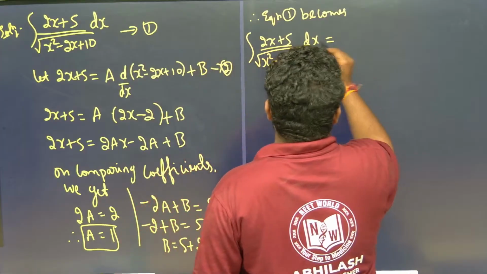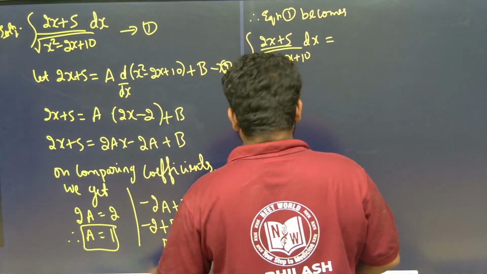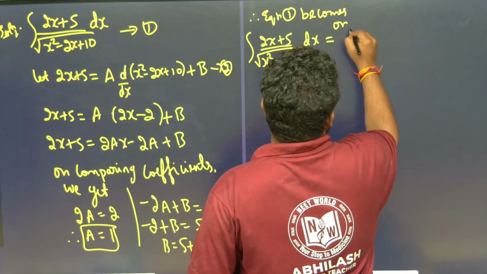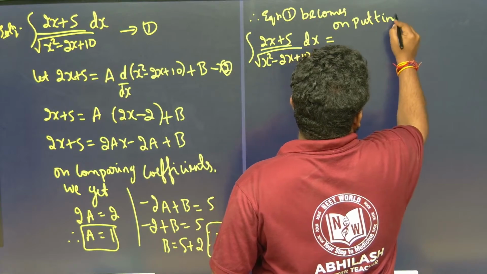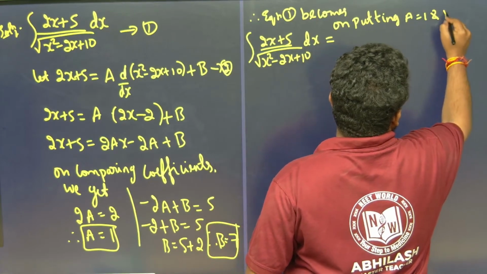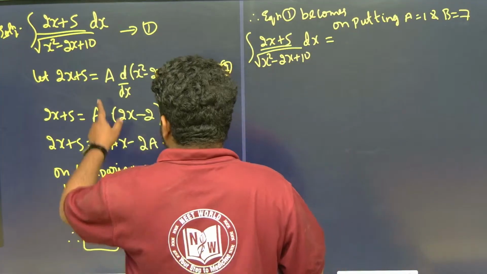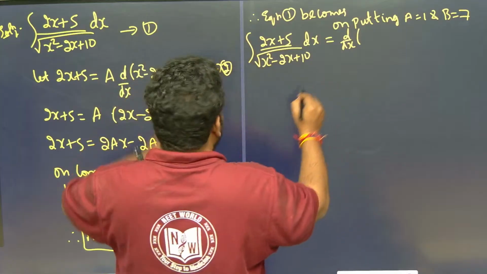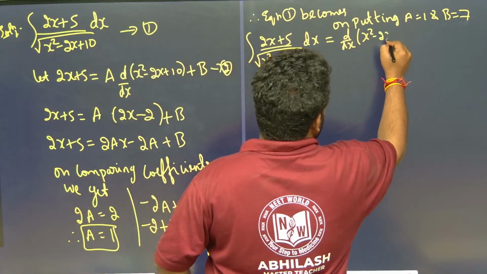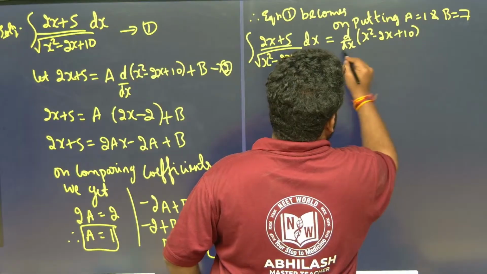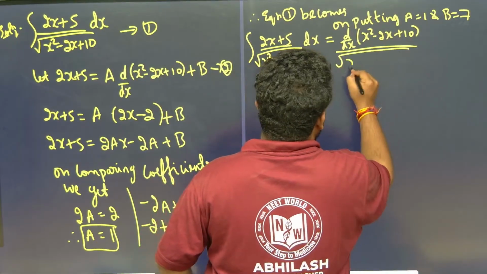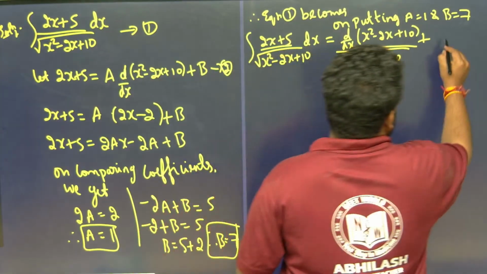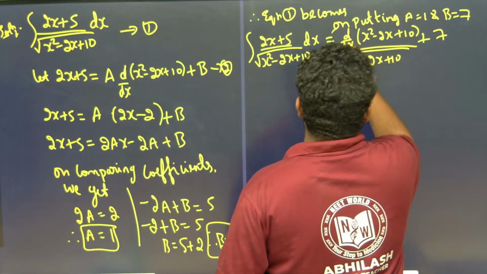Okay. Equation 1 becomes, on putting a is equal to 1 and b is equal to 7, this will become, a is 1, so d by dx of x square minus 2x plus 10 divided by square root of x square minus 2x plus 10, plus b is 7, 7 into integral of this entire thing.